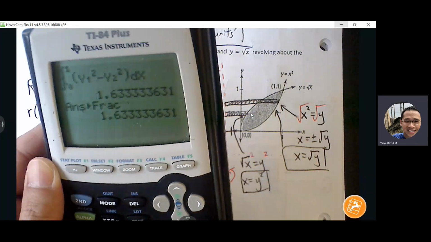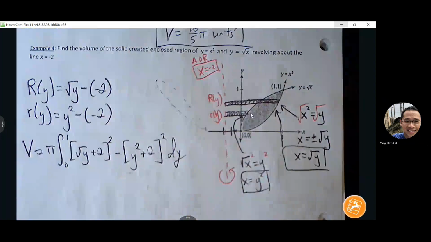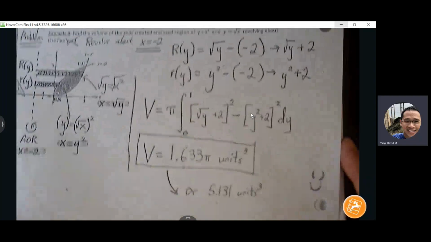Doesn't convert to a fraction, it's okay. I'll just write it as 3 decimal places, include the pi. Units cubed.